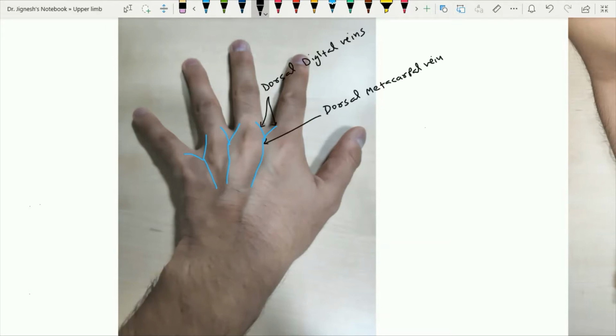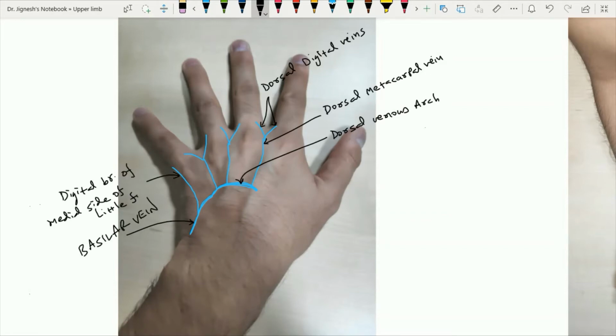These dorsal metacarpal veins are three in number, and they fuse to form one arch, called the dorsal venous arch. This dorsal venous arch fuses with the medial digital vein of the little finger and forms one vein, the basilic vein.